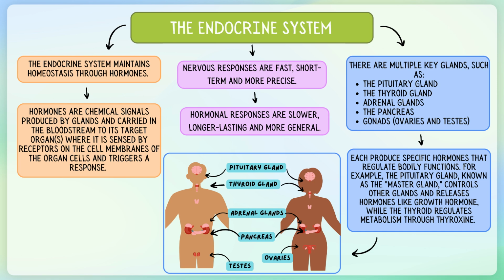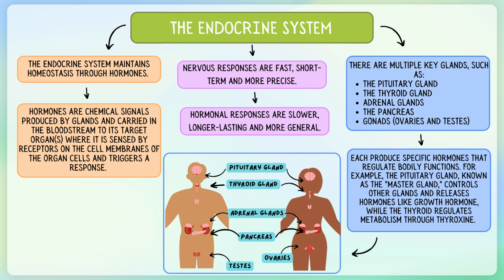For example, the pituitary gland, known as the master gland, controls other glands and releases hormones like growth hormone, while the thyroid regulates metabolism through thyroxine. We also compared hormonal and nervous responses, noting that nervous responses are fast, short-term and more precise, while hormonal responses are slower, longer-lasting and more general.